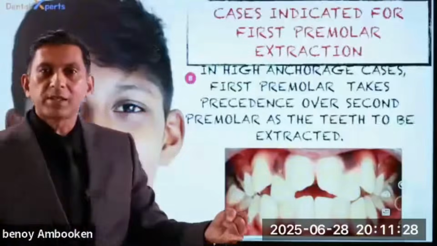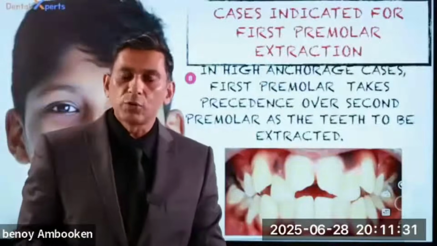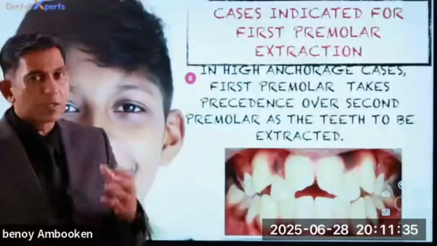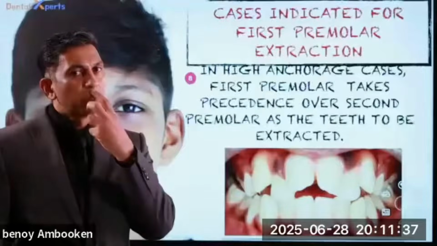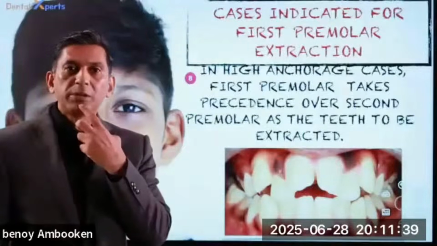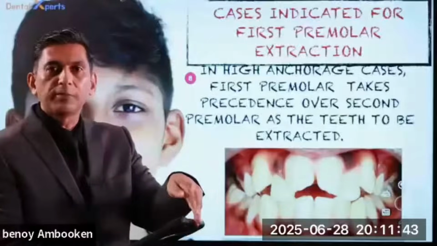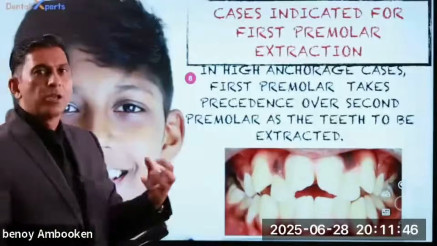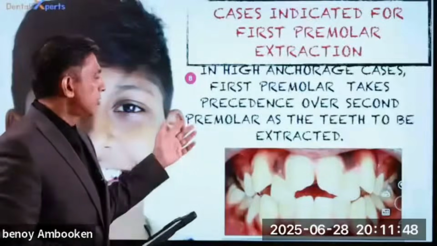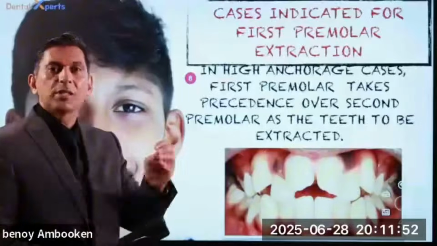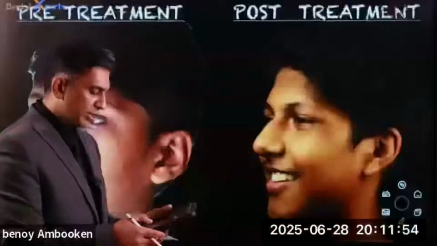So you have a bimax case, severe crowding with or without deep bite, mesially angulated canine overlapping the lateral incisor, convex profile with acute nasolabial angle and deep mentolabial sulcus, class 2 division 1 with proclined upper and lower anterior, high anchorage cases, and high angle cases, that is, vertical growers. All these are cases indicated for first premolar extraction.